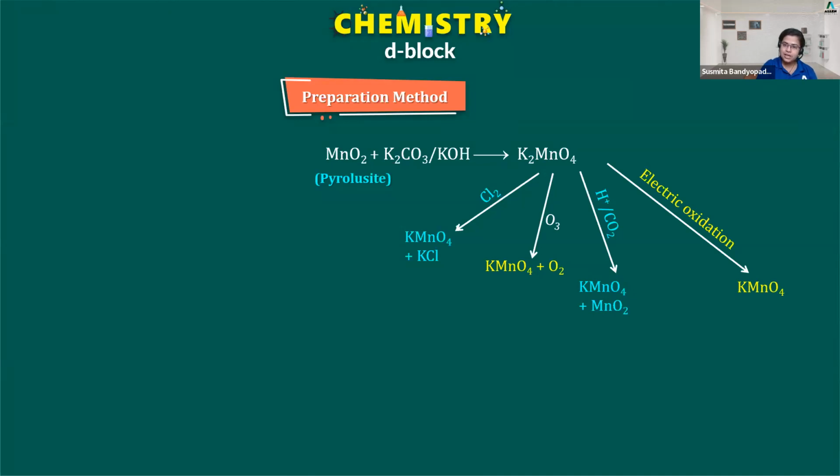With chlorine, you get KMnO4 and KCl. Electric arc in the presence of oxygen gives KMnO4. It's oxidized, yes, +6 to +7 means it's oxidation. Not only this, with ozone, with chlorine, electric oxidation, everything gives us dark pink or purple colored KMnO4.